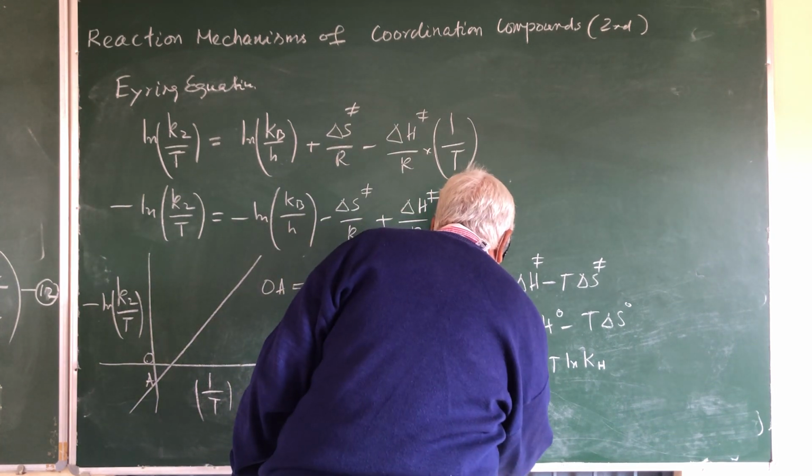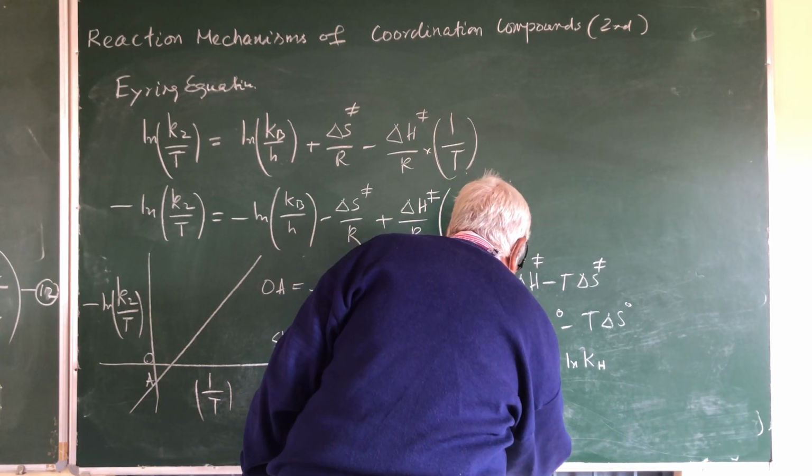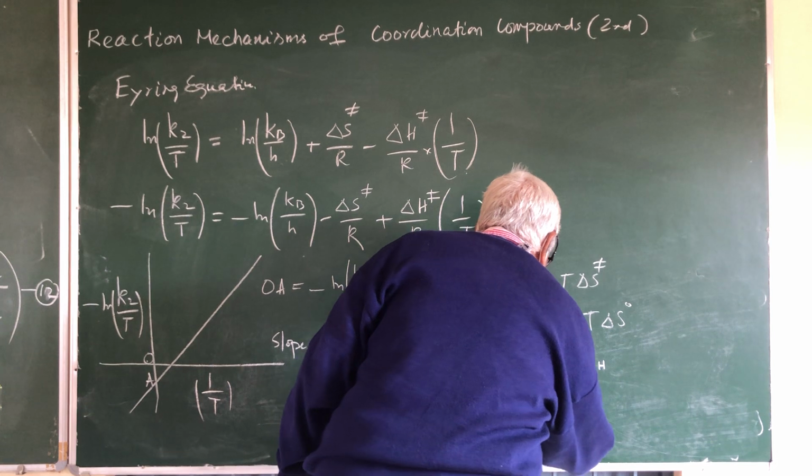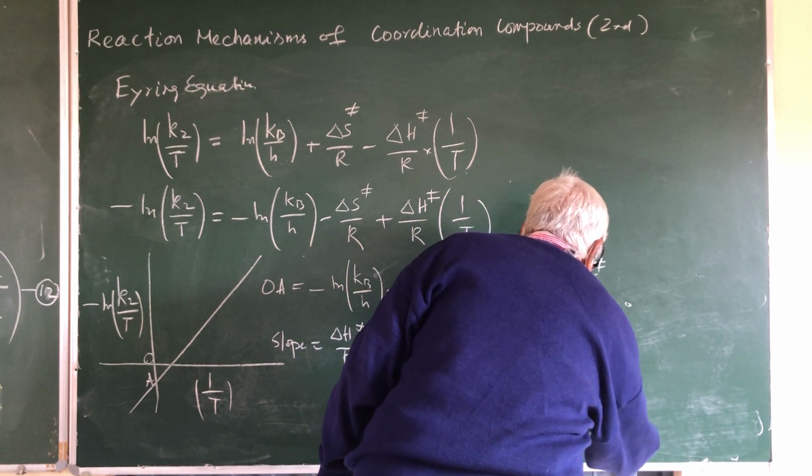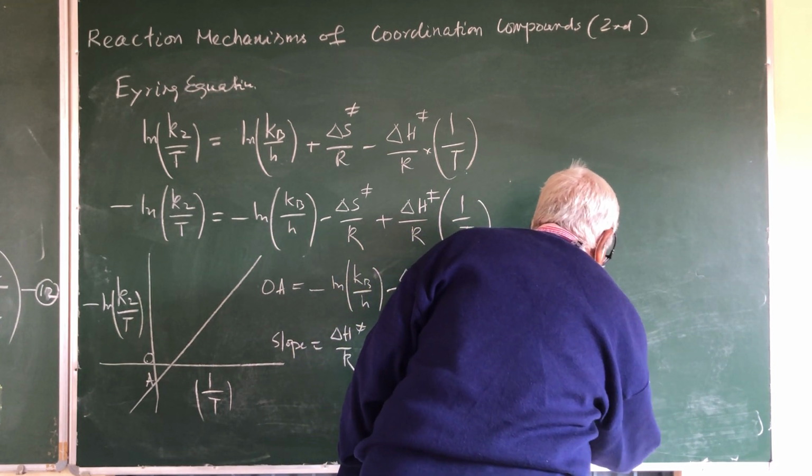You get minus RT ln Kh is equal to delta H0 minus T delta S0.